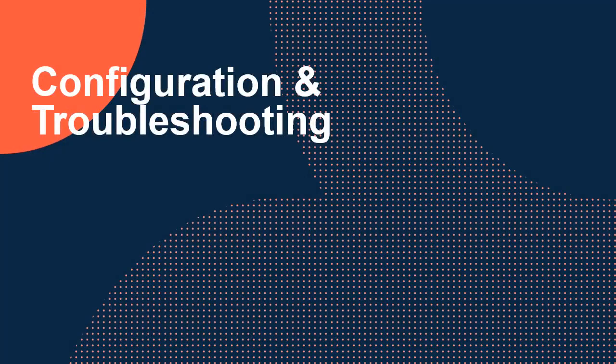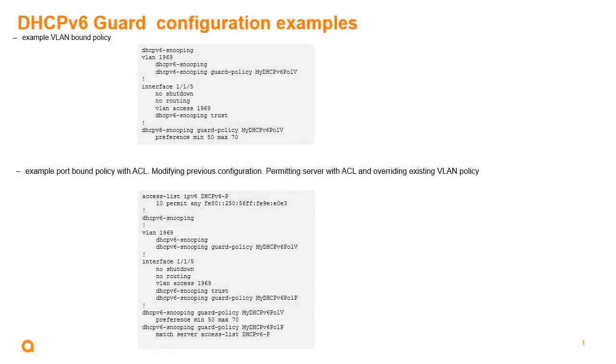Let's go through some configuration and troubleshooting for DHCPv6 Guard. Let's start off with an example VLAN bound policy. The first thing we need to do is enable DHCPv6 snooping globally. The second step is to define a policy. You give it a name, and then you look at what you want to apply to that policy.